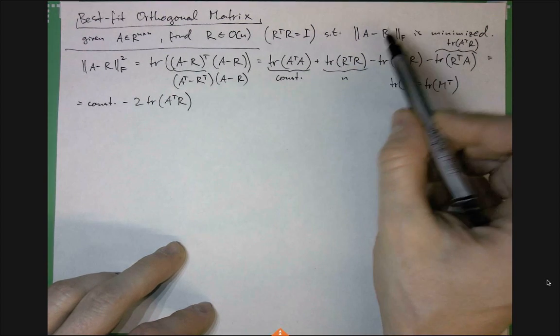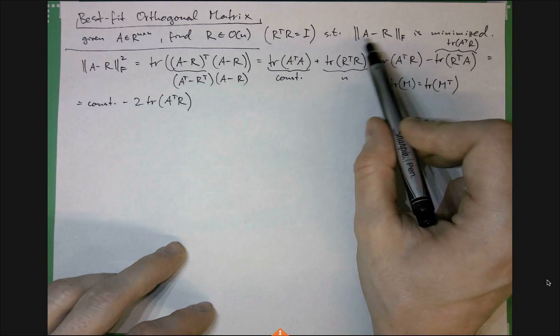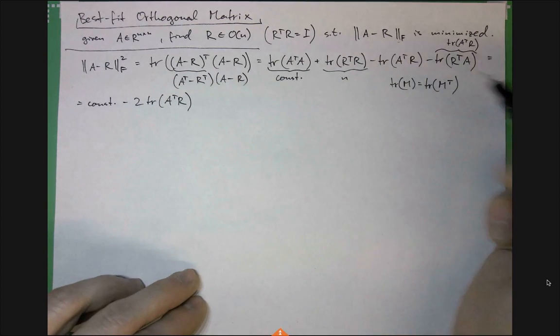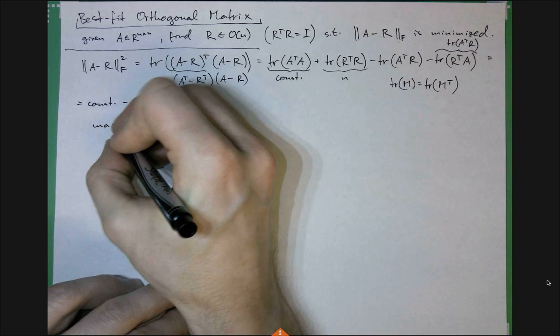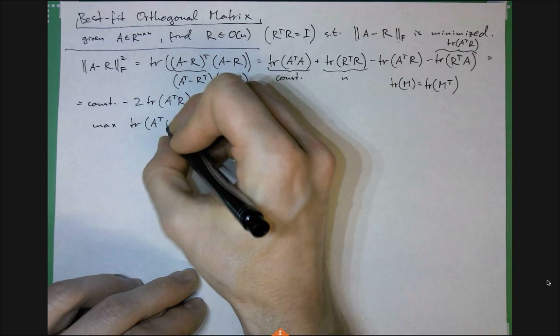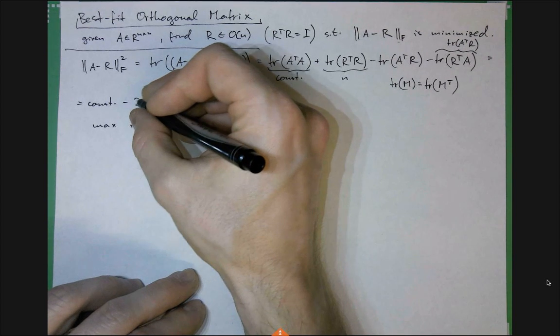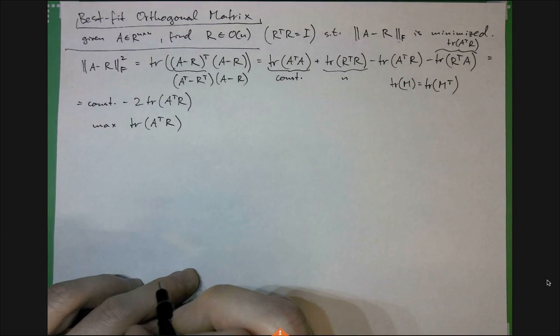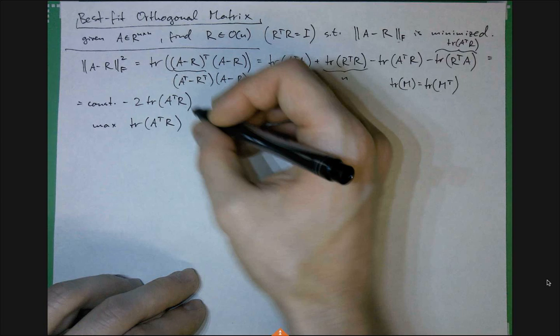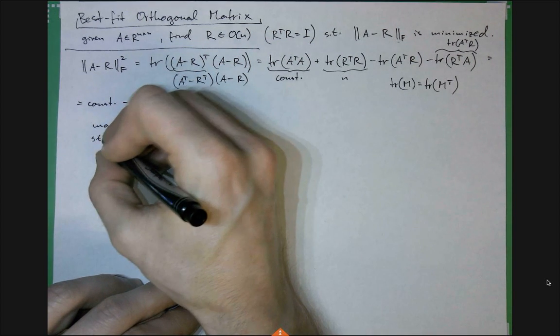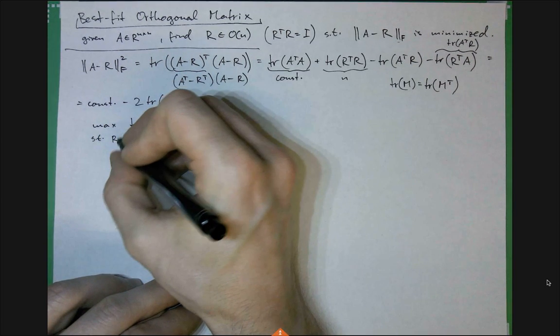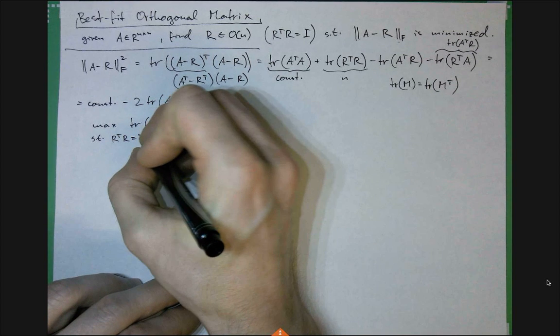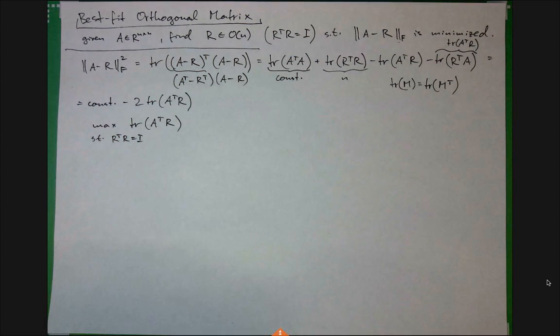So that means that instead of minimizing the Frobenius norm of A minus R, I can as well be again maximizing the trace of A^T R. Let me discard this factor of 2 here as before. Again, subject to the constraint that R^T R is identity, that R is an orthonormal matrix.